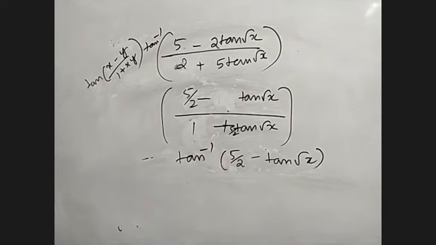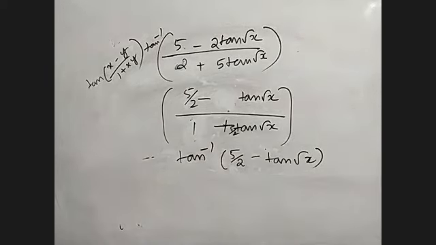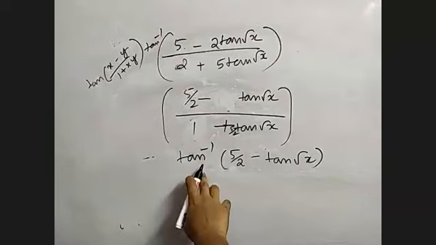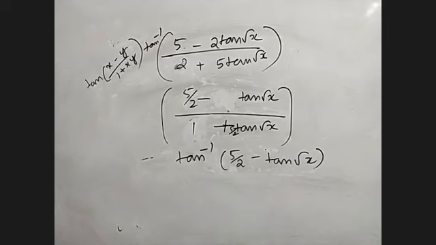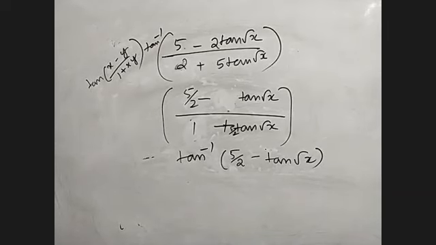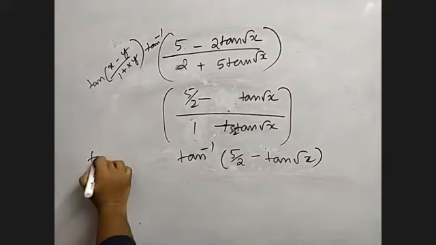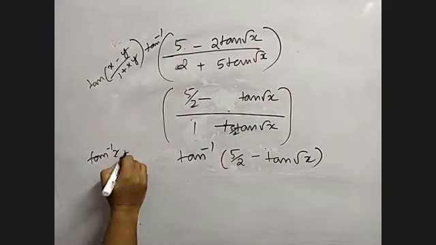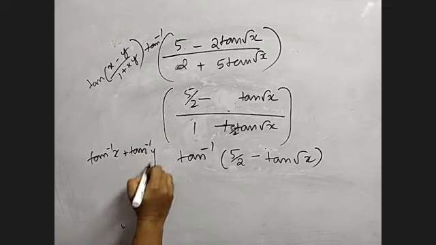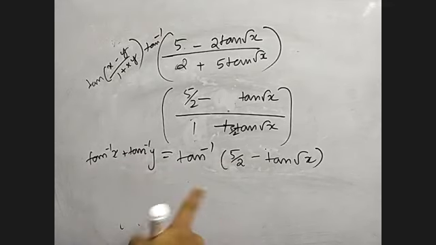Tan x plus tan y is equal to tan inverse of x plus y by 1 minus. Yes, tan inverse x plus tan inverse y. So tan inverse 5 by 2 we can do.